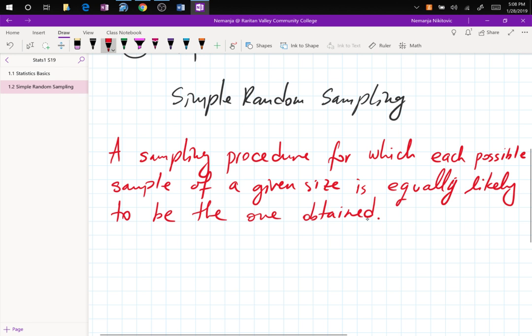You can't say, okay, this paper is bigger than this one, so I'll pick all the smaller, right? So there is no way to pick exactly the same sample twice at random. So that's sample, and then a simple random sample is a sample obtained by simple random sampling.